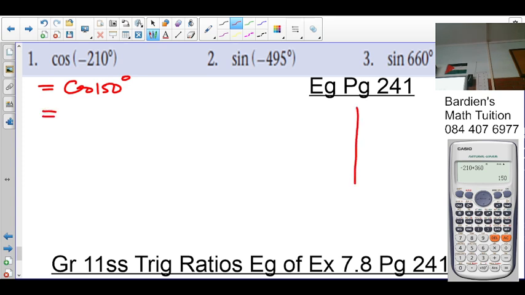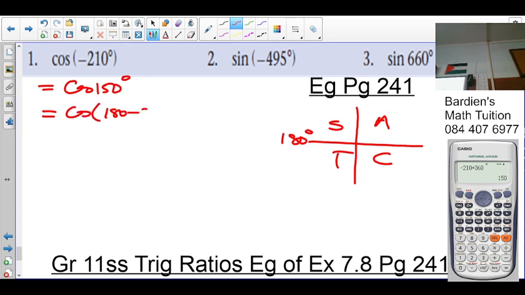In which quadrant is 150 degrees? In your second quadrant. How do you get in the second quadrant? 180 minus. So it becomes cos of 180 minus 30. Is cos positive or negative in the second quadrant? Negative. So it's negative cos 30 degrees. But hang on, 30 degrees is a special angle.